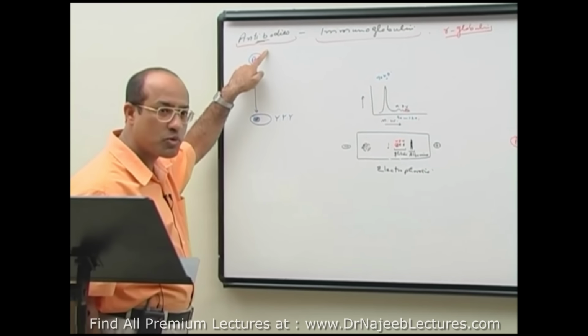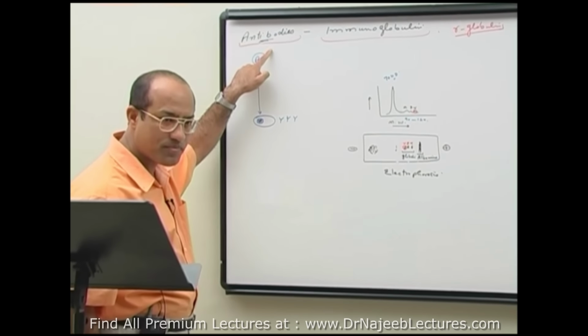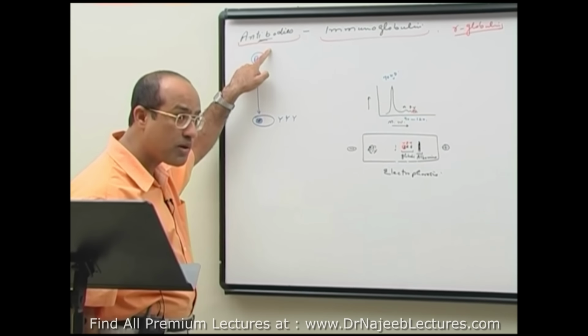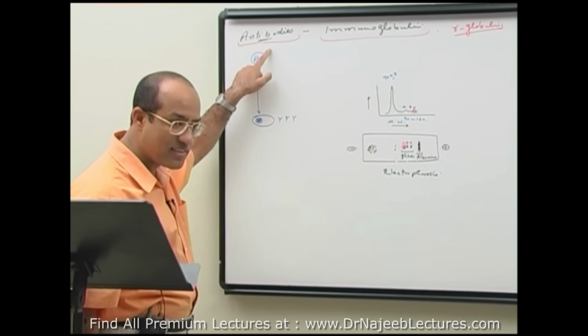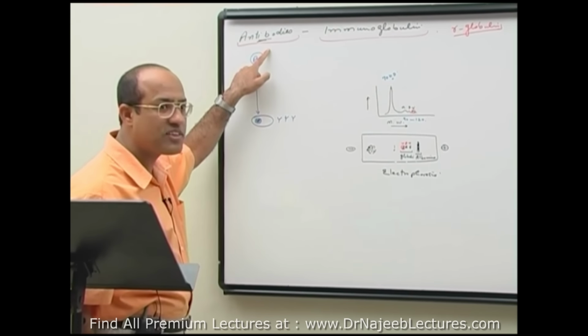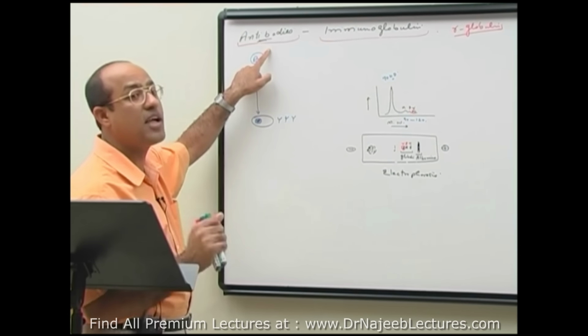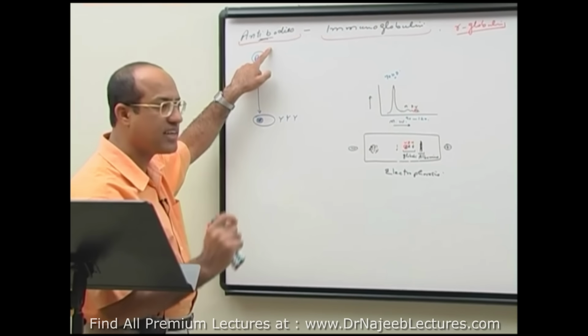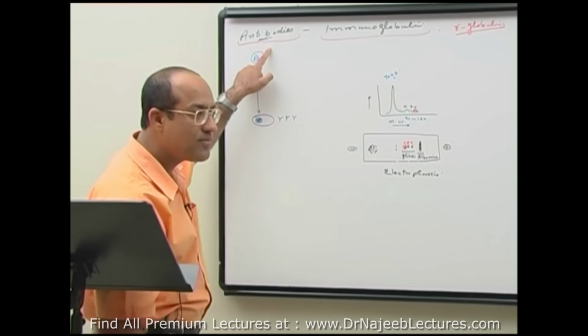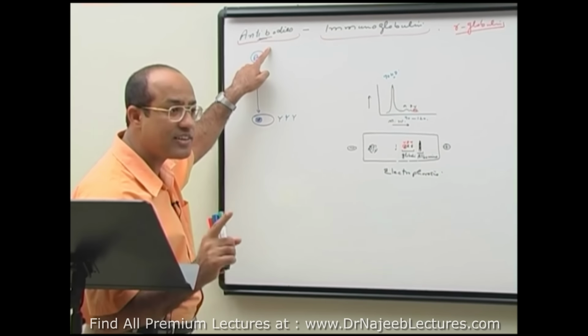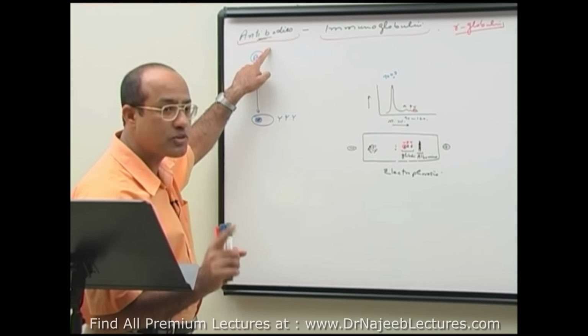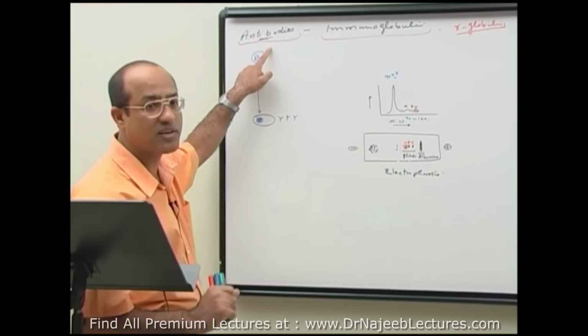Antibodies are those protein molecules which are secreted by well differentiated B cells called plasma cells, and this is very important: antibody molecules specifically react with the antigens which stimulated the formation of those antibodies.